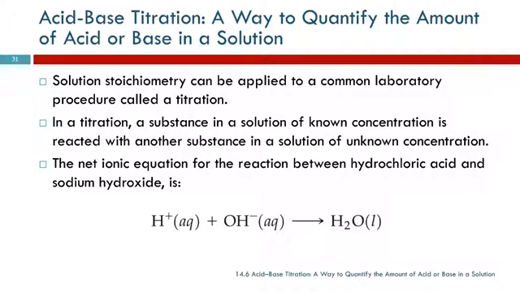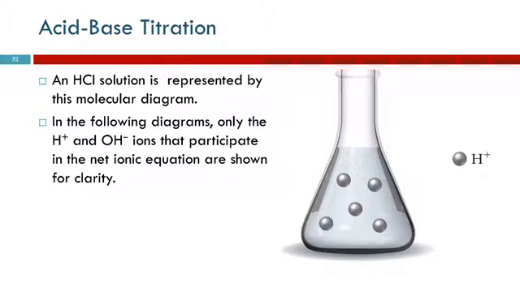If we look at the reaction between hydrochloric acid and sodium hydroxide, the net reaction is hydrogen ion plus hydroxide ion forming water. Here is an Erlenmeyer flask with hydrochloric acid. It's an HCl solution.